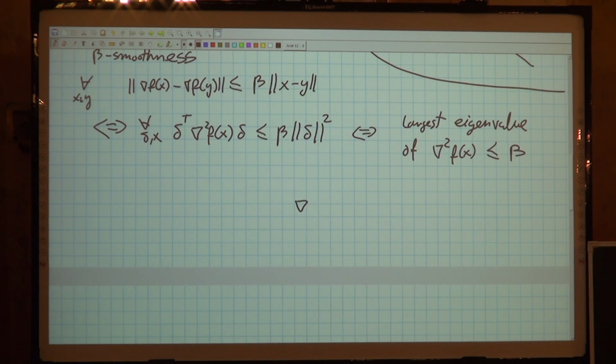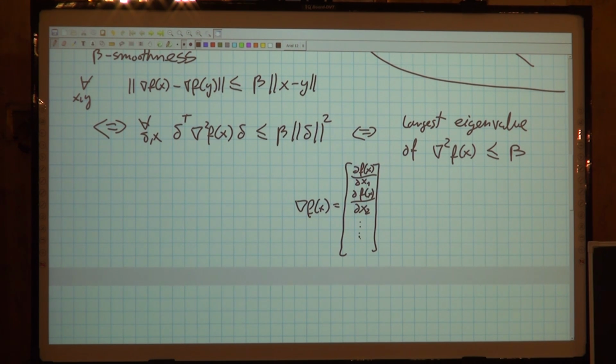So what is the gradient of the function? It's just a vector which has a coordinate for every input variable, and this value is the partial derivative of the function at x with respect to this coordinate. Here you have the derivative with respect to the first coordinate, here with respect to the second coordinate, and so on.